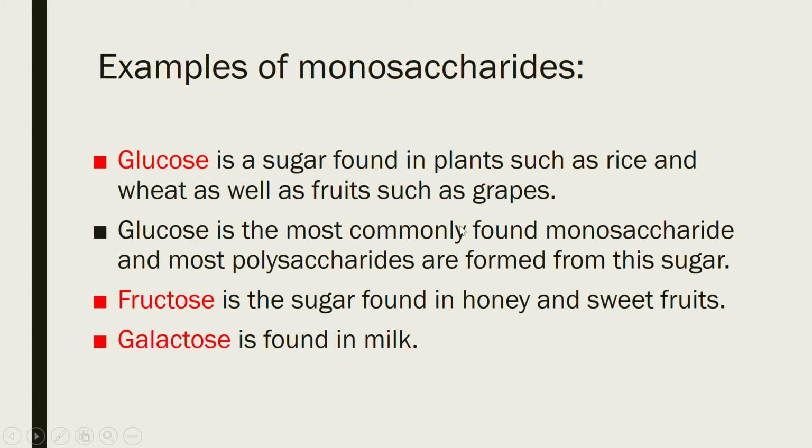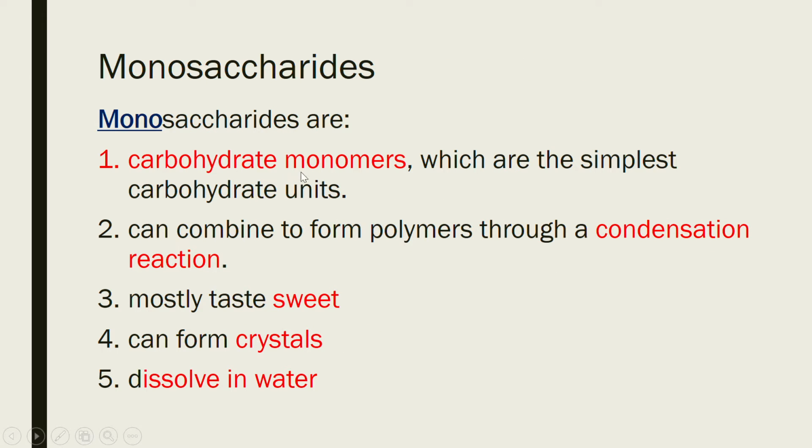Glucose is the most commonly found monosaccharide, and most polysaccharides are formed from this sugar. What does this mean? We know that the monomers combine to form polymers through condensation.